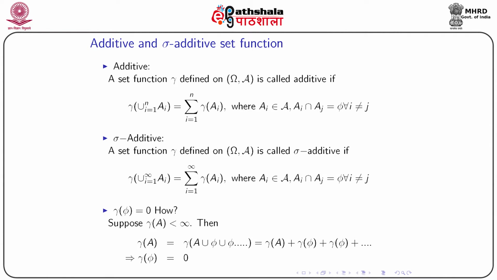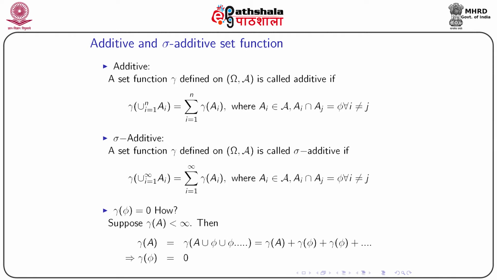How? Well, the proof is more or less trivial. The only restriction that we want is that the set function of a set A, gamma A, must be finite. If gamma A is finite, then we can write gamma A as gamma of A union phi union phi union, so we have a countable number of unions with phi. Now, if we take the union of phi with any set, the set remains the same.